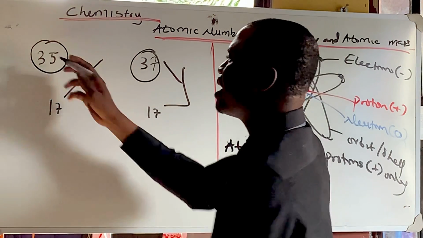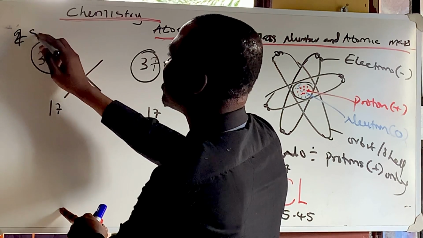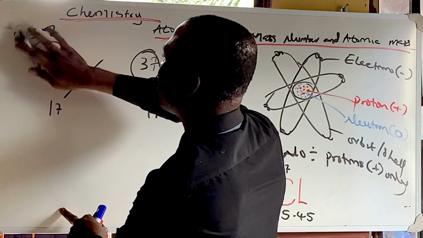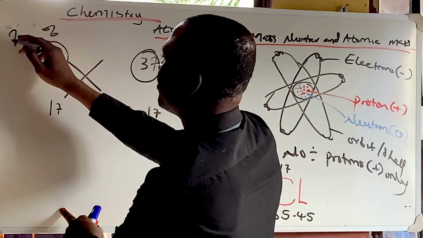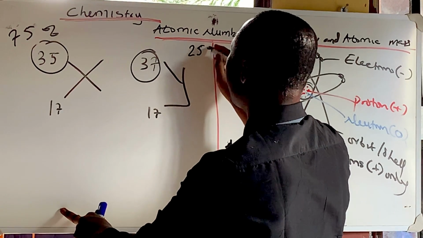Let's say chlorine 35 has about 75% abundance in the Earth's crust, and let's say chlorine 37 has 25%.